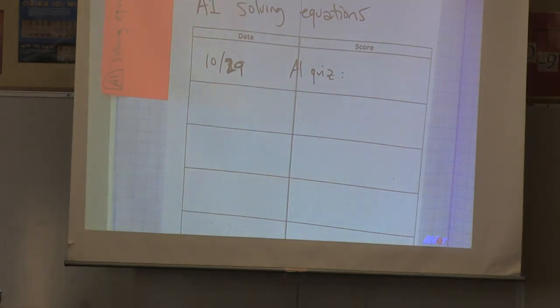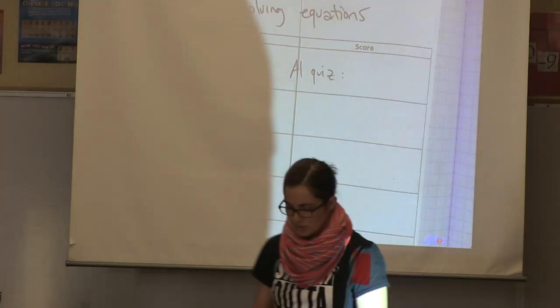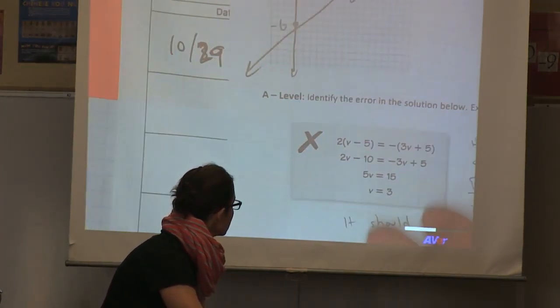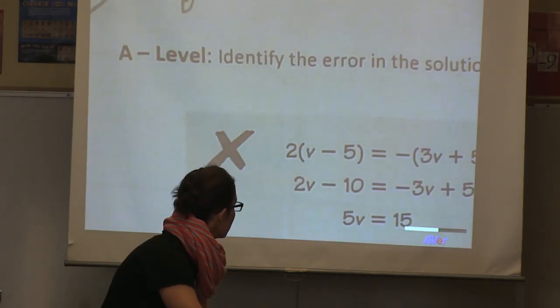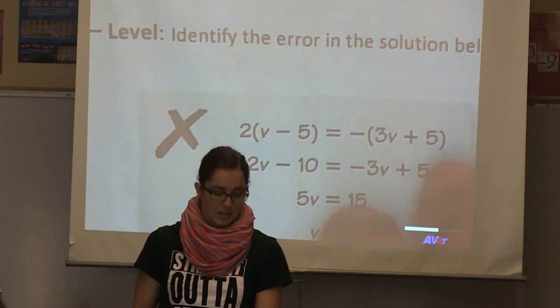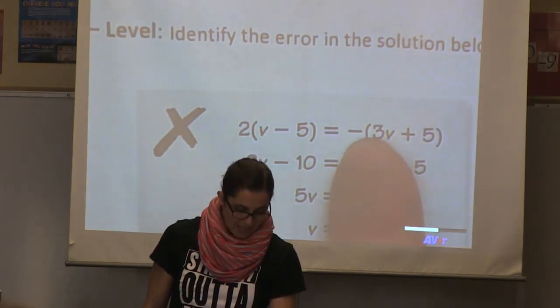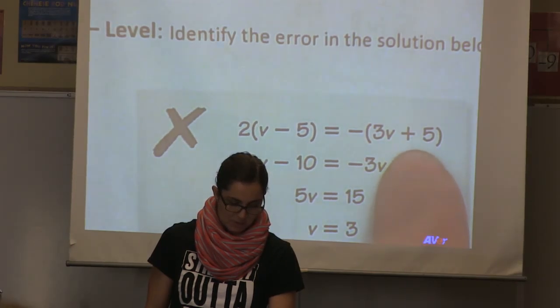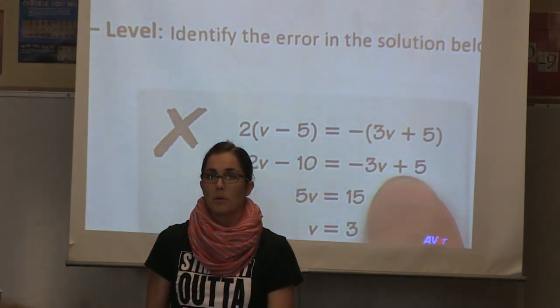On the A level question, you needed to say something about that you're distributing there. So I want to see something about distributing, why you have to multiply the negative. A lot of you said you have to multiply, this should be -5, but why?